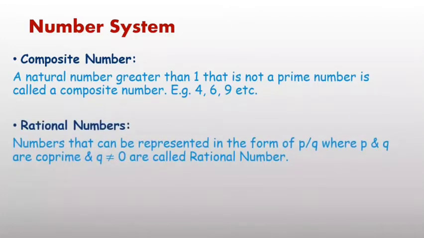A rational number means a number which we can write in the form of p upon q, where p and q are co-prime and the denominator q is not equal to 0. All integers are also rational numbers because we can write integers in the form of p upon q, and in that case q is equal to 1.